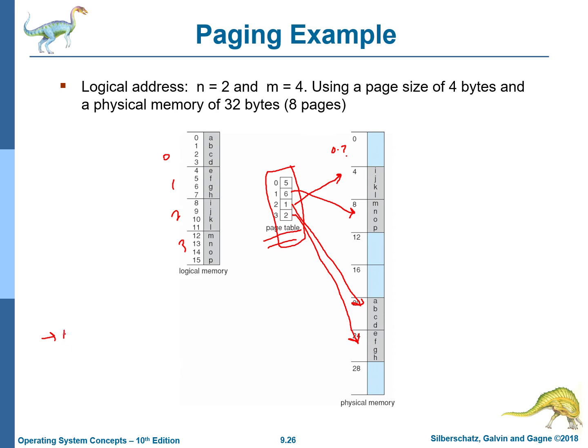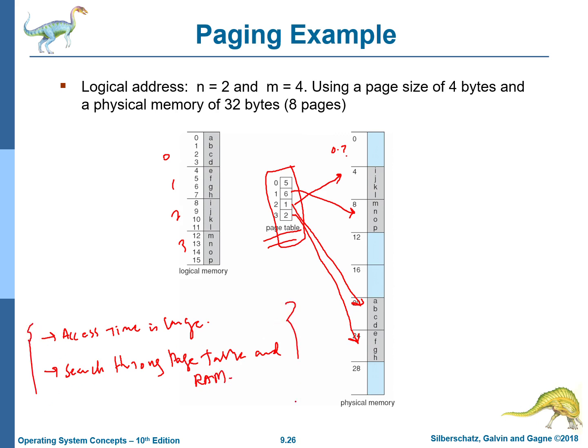So the access time is larger, and we have to access memory two times: once to search through the page table, and then from RAM. So we have some disadvantages of paging.